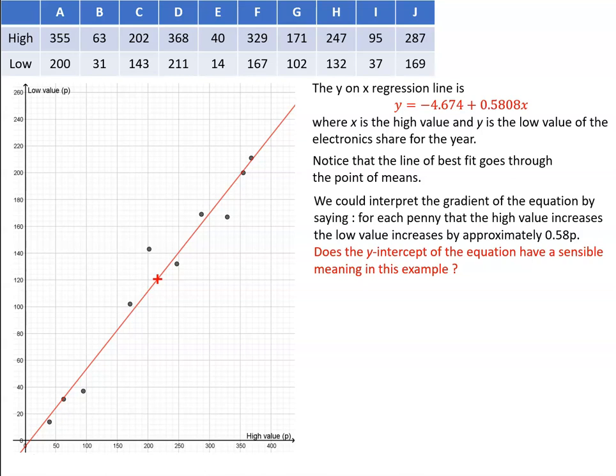So we can put an interpretation on the gradient of the regression line in this context. Have a think about whether there's a meaningful interpretation of what the y-intercept of the equation has in this example.